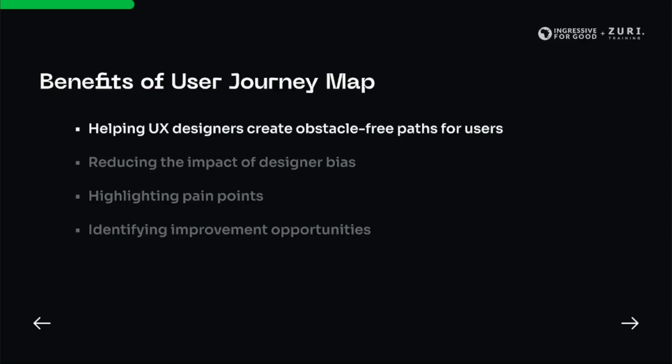Luckily, the map gives us a detour route to avoid the traffic. A map helps drivers avoid obstacles along their routes. The same applies to a user journey map. A user journey map helps UX designers to create obstacle-free paths for users.